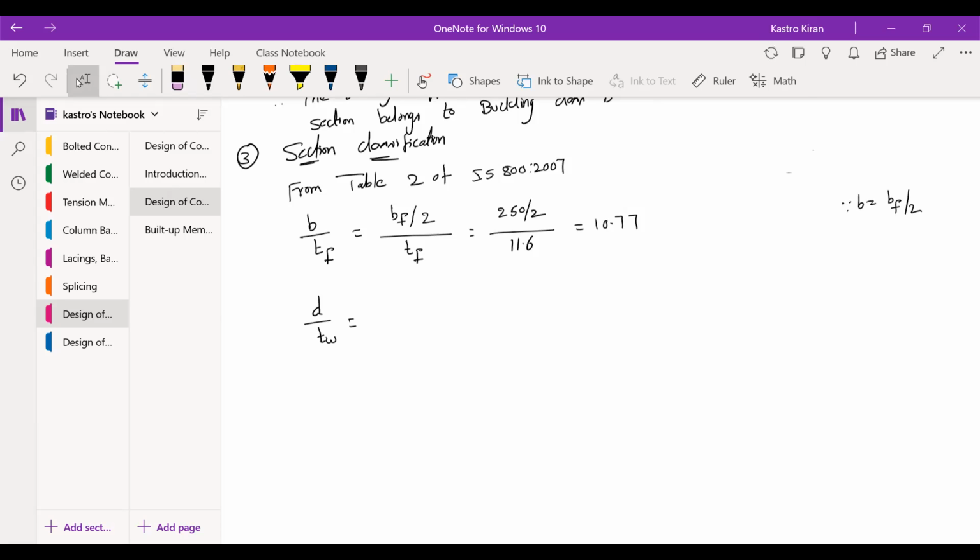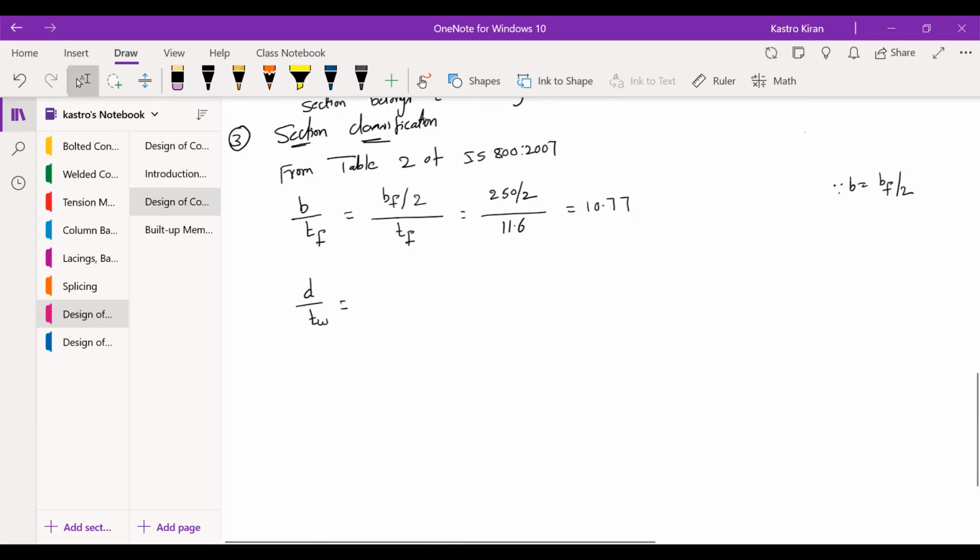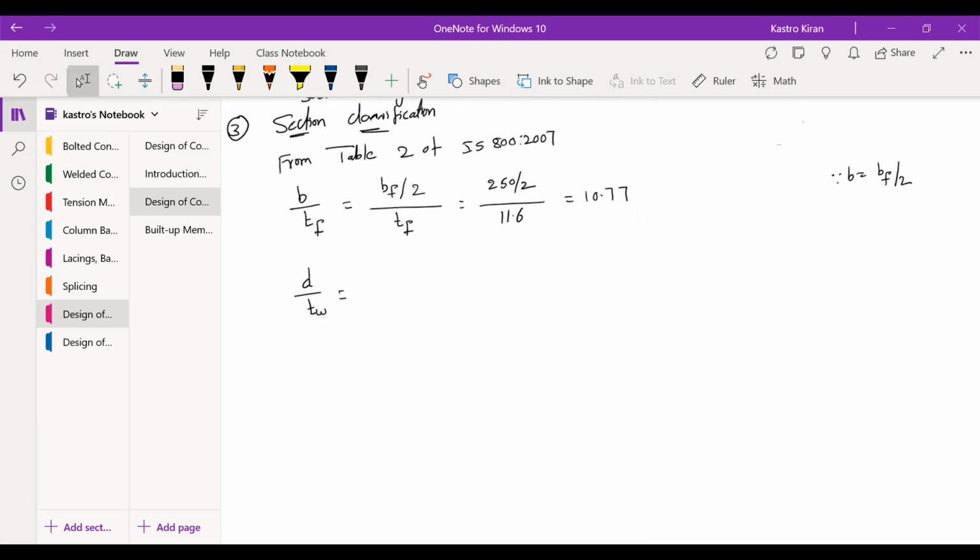Let's also find out the D by TW value. Now here the D by TW value has to be found out. So directly the D value we don't know. We know the value of H, that is the height of the section. Now how will you find out the value of D?